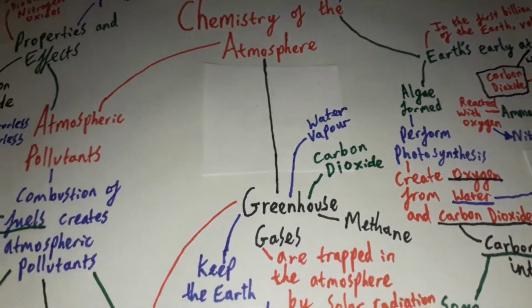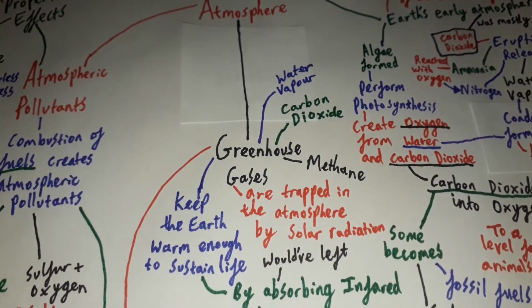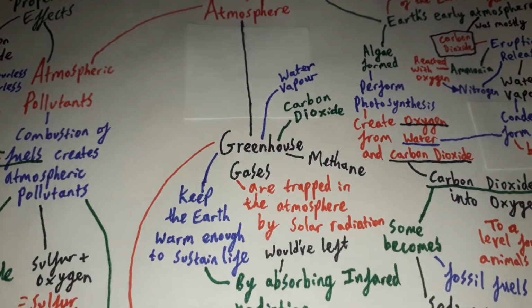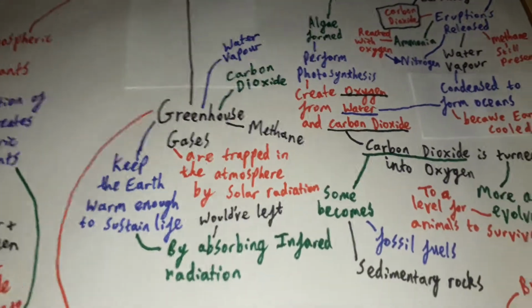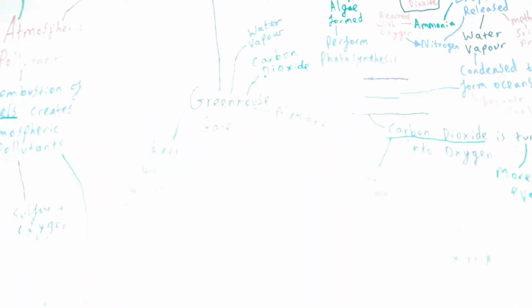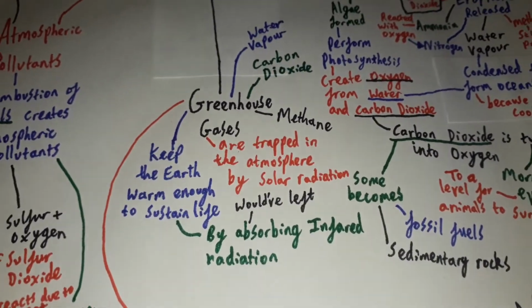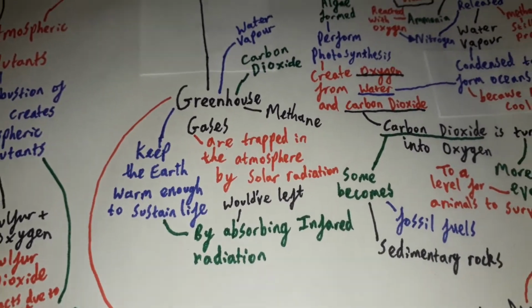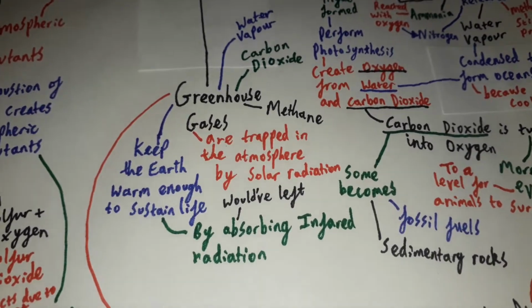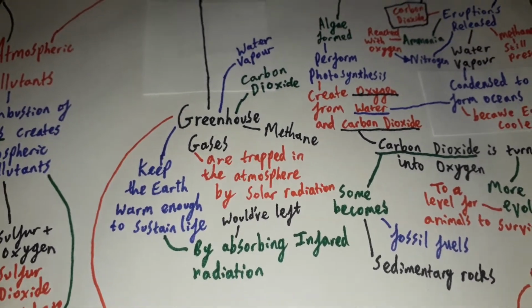So next, let's look at greenhouse gases. Greenhouse gases are trapped in the atmosphere by solar radiation. These greenhouse gases keep the Earth warm enough to sustain life, and they do this by absorbing infrared radiation when it comes into the atmosphere.